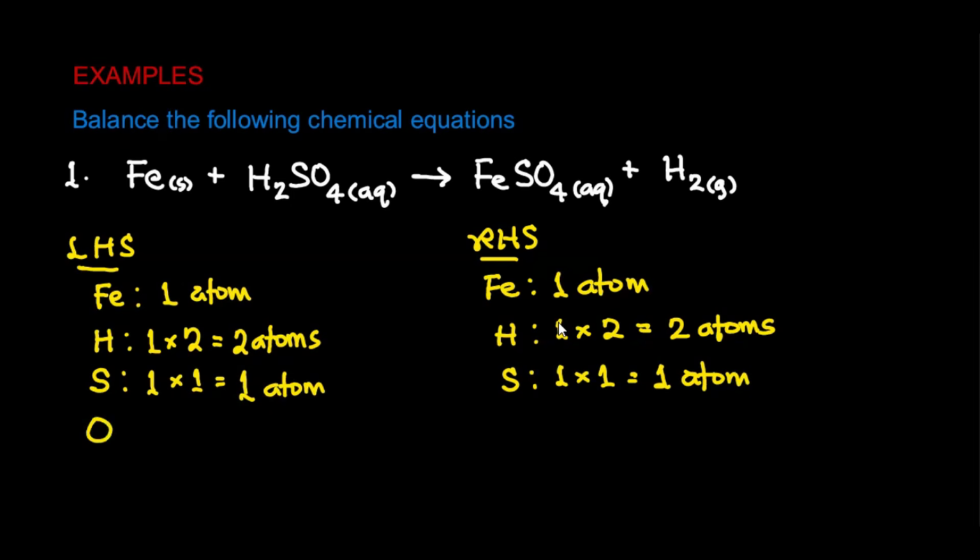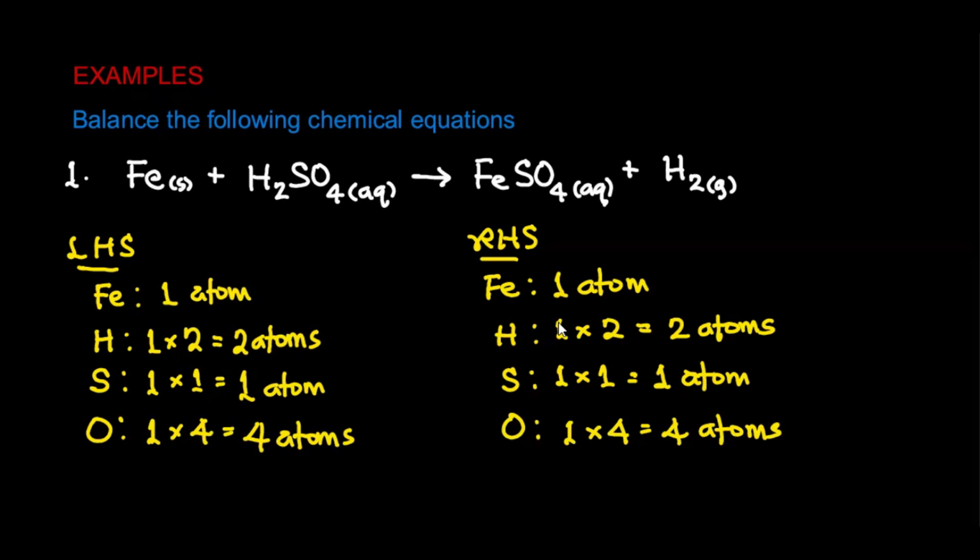Oxygen on the left-hand side is 1 times 4, that is 4 atoms of oxygen. And on the right-hand side, oxygen is 1 times 4. That gives me 4 atoms of oxygen.